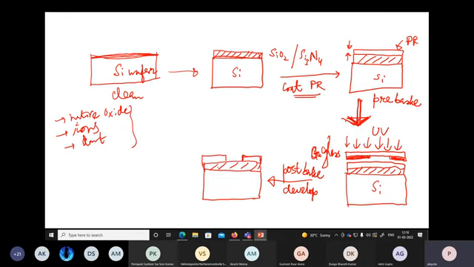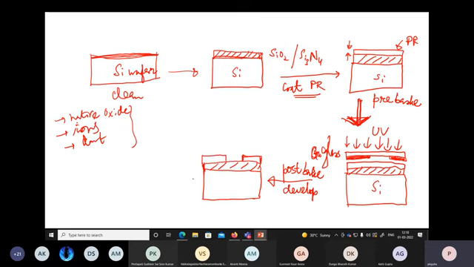Why it will remove the middle portion, we will discuss a little later. We use post baking, that is we keep the wafer again maybe half an hour within the oven, around 120 degrees centigrade I think. But again that depends on the nature of the resist and all that.